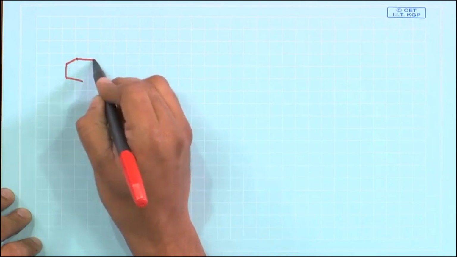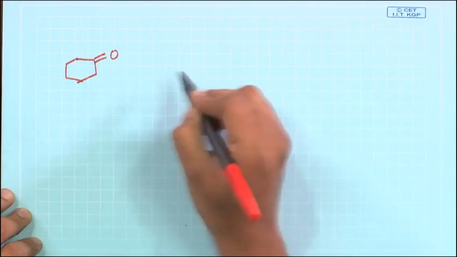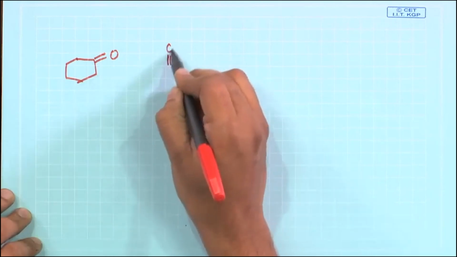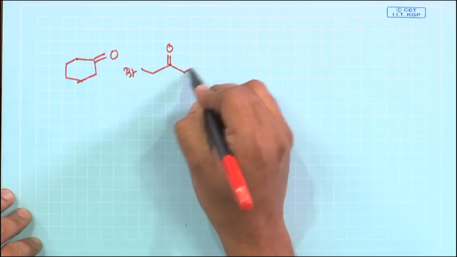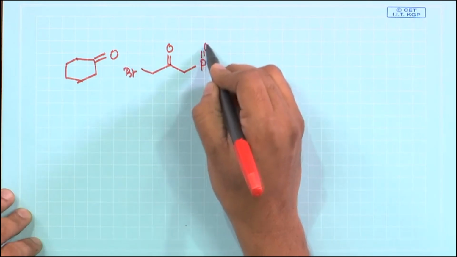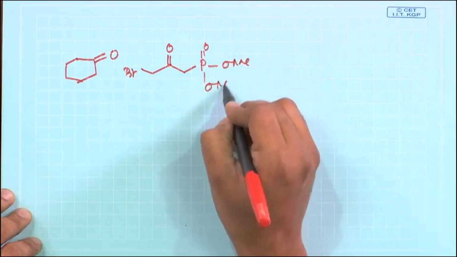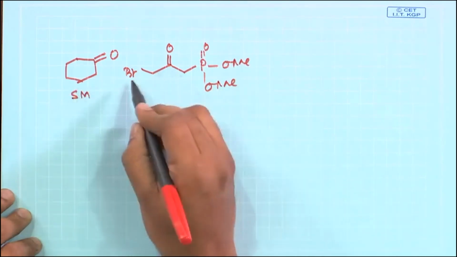Now, let us come to the problem which was given to you. You take the cyclohexanone, and if you have a phosphonate, first you do a, as if you have this starting material and this phosphonate.